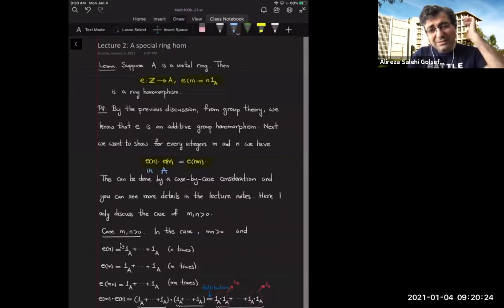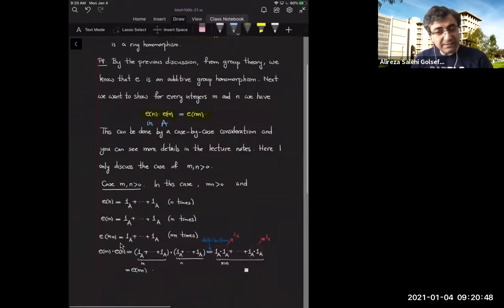Actually, the argument why this equality is true is a bit tedious, and the proof is not very conceptual. It's case by case. You can see more details in the lecture notes. Here I will just discuss the simple case where both n and m are positive integers. In that case, by definition, E(n) is nothing but adding the identity of the ring A, n times.